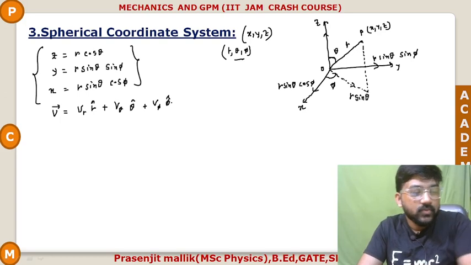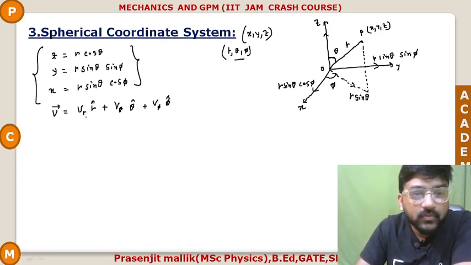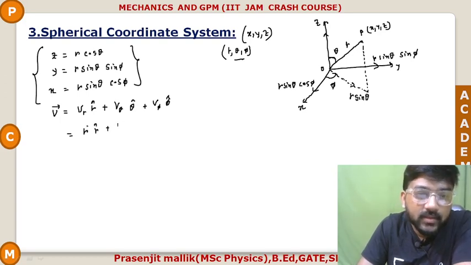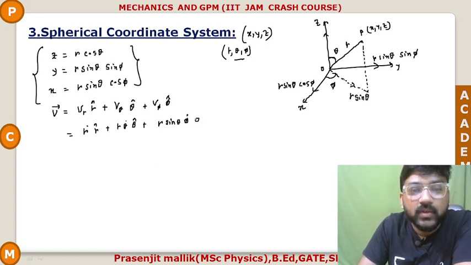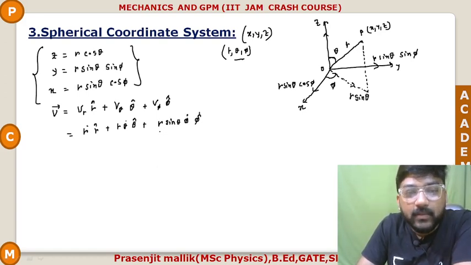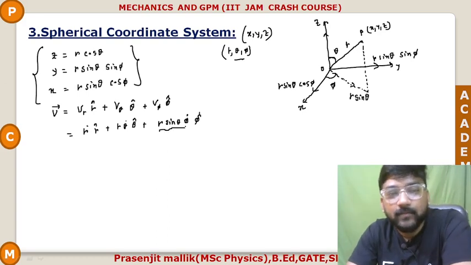What is v_r? The first two terms will be the same, so it will be just r dot r cap, and v theta is just r theta dot theta cap. One more term will be here, and v phi is just r sin theta phi dot phi cap. So you have to remember this extra term, r sin theta phi dot.